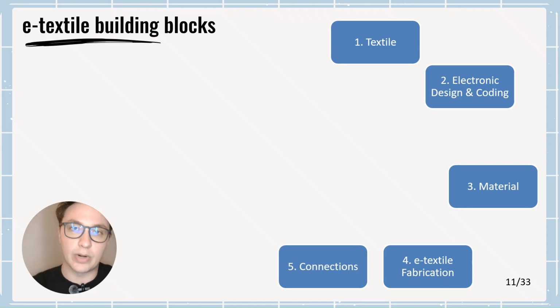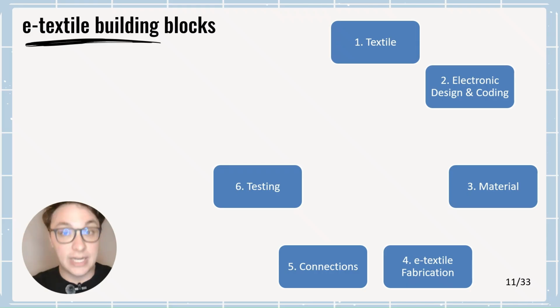Of course, we would like to measure the electronics, the sensors we are embedding in our textiles, for instance. We have to test them, so we have to find the best way to test the electronics and to test the textile parameters before and after the electronic integration.